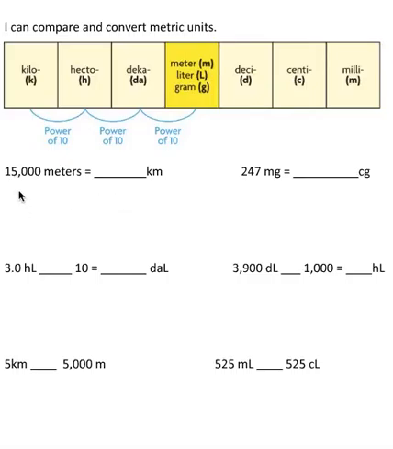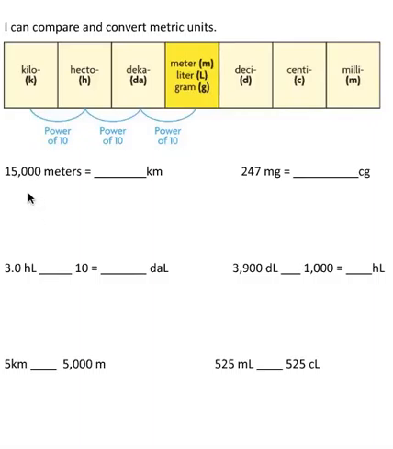If I have 15,000 meters, I want to know how many kilometers that is. If I'm looking at my graph here, it's 1, 2, 3 spaces. That means 3 powers of 10, so 10 to the third is 1,000.